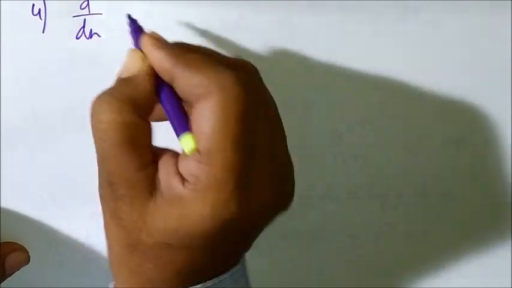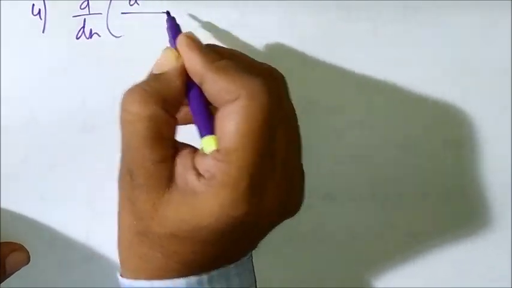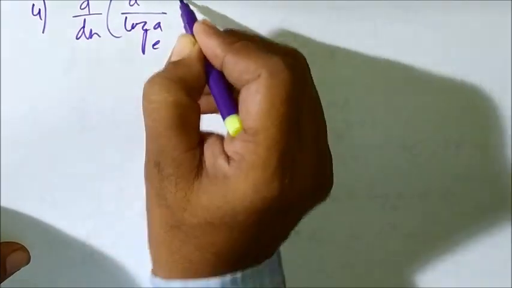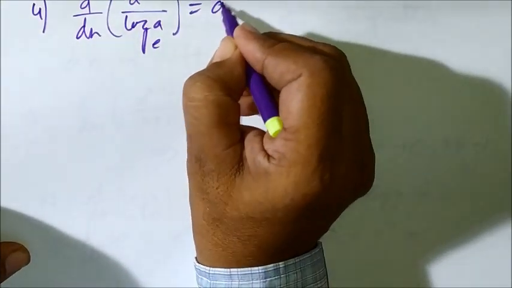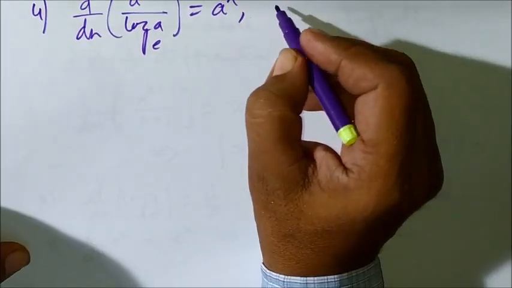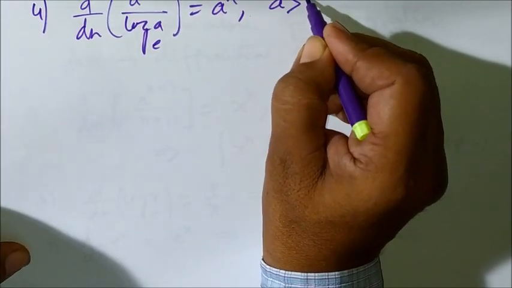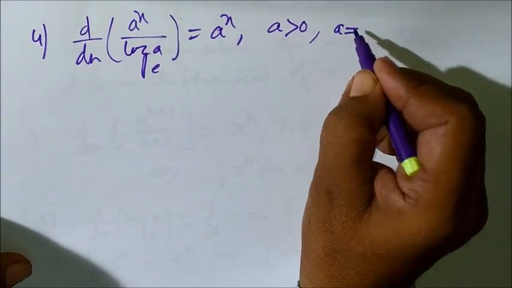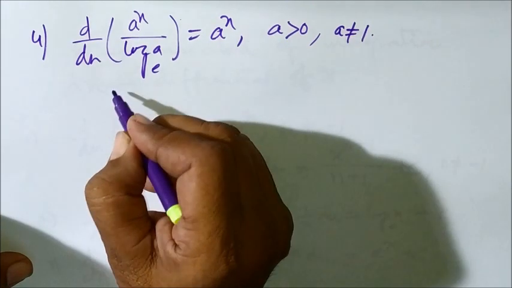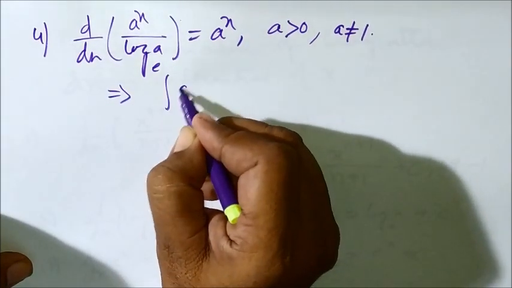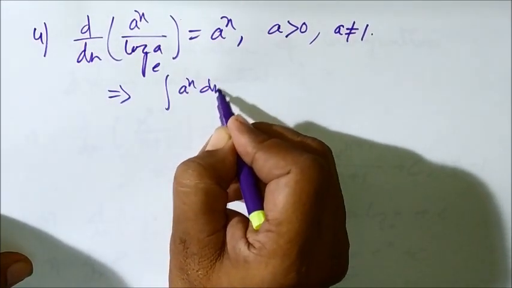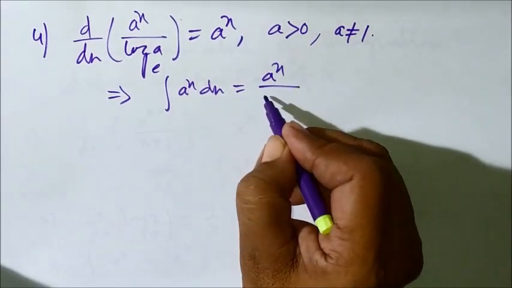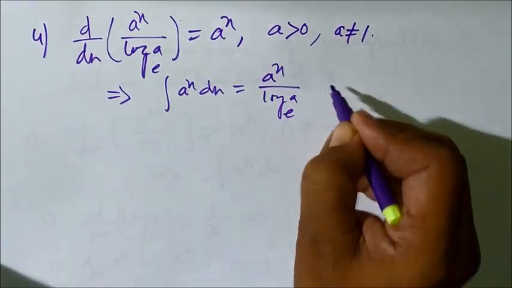Then d by dx of a to the power x by log a base e equals a to the power x, where a is greater than 0 and a not equal to 1. This implies integral of a to the power x dx equals a to the power x by log a base e plus c.